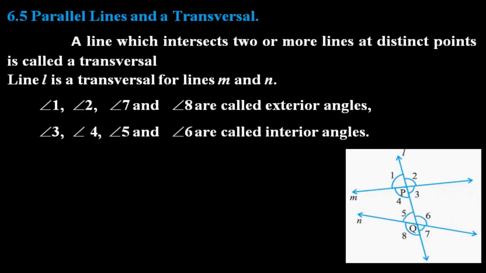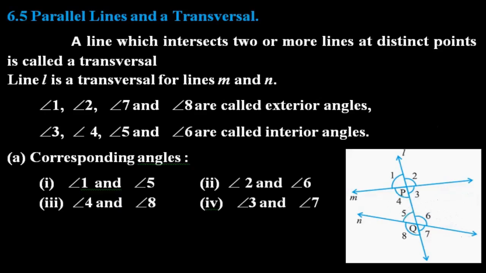Is it clear? Now let us move to the next type, corresponding angles. How to find corresponding angles? Angles 1 and 5 are corresponding angles. Similarly 2 and 6, 4 and 8, 3 and 7. How to identify the corresponding angles? Where is angle 1?